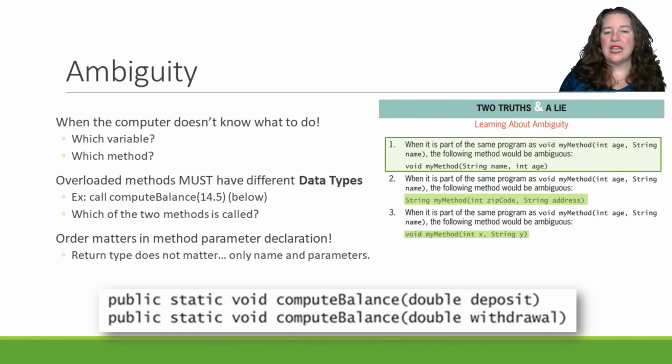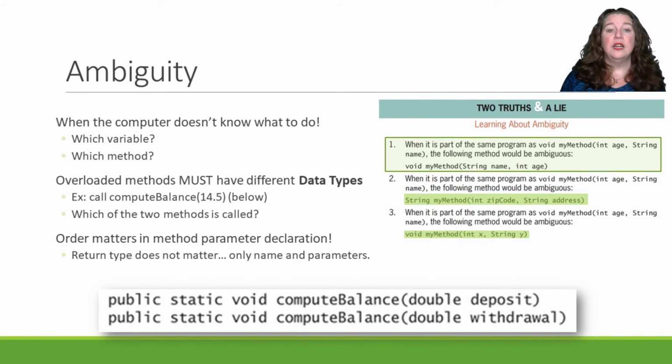You probably should say compute balance with deposit or compute balance with withdrawal, something like that. So this is just bad coding choice. But the idea of being able to have an overloaded method must have different data types. If I wanted to overload the method compute balance, I need to have different versions of my data types for my parameters for it to make any sense. Because in this case, both data types are doubles.